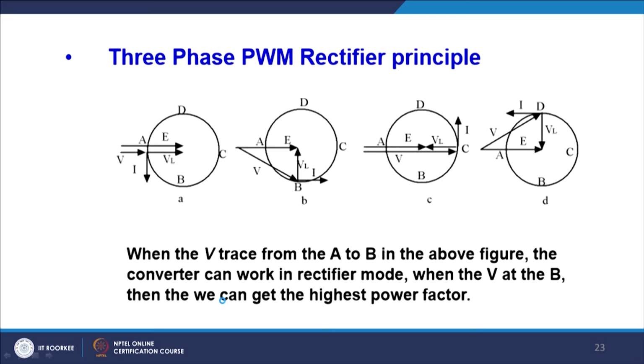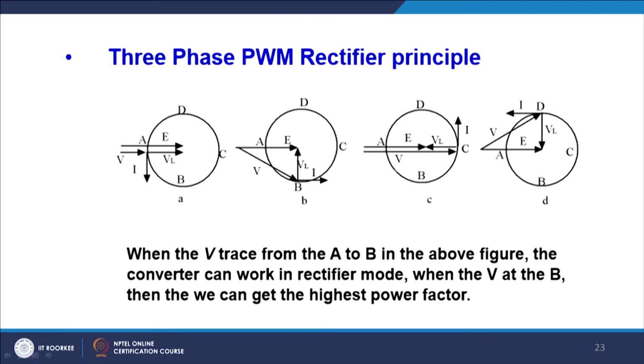When the vector moves from A to B in the above figure, the converter works in rectifier mode. When it is at B, then we can get the highest power factor.